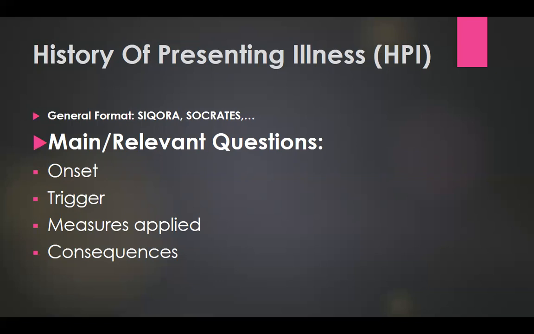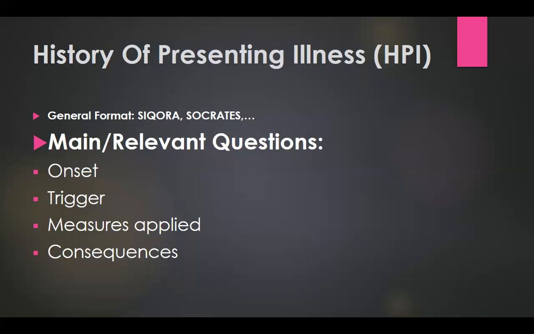We will discuss these further, but for psychiatry cases, there are 4 important parts that we cannot skip and we have to ask. It's the onset: when did this all start, how long have you been feeling like this? Trigger: do you think anything might have happened that might have triggered this?